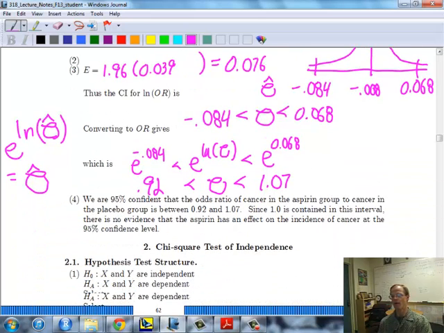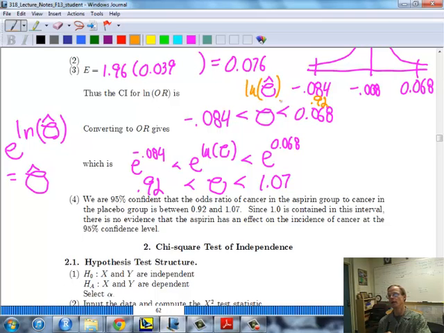Now, from the standpoint of the confidence interval, we're 95% confident that the true unknown parameter is contained in that interval, 0.92 to 1.07. I'd like to go ahead and put that up on my curve because that's truly the interval of interest there.